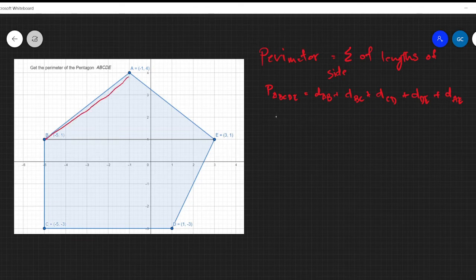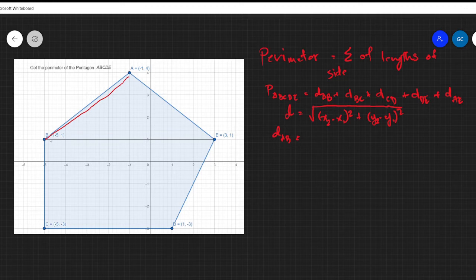As you may remember, our distance formula is the square root of the change in x, which we can write as x2 minus x1 squared, plus the change in y, which is y2 minus y1 squared. After getting that square root, we have our distance. Let's first do the distance of AB.